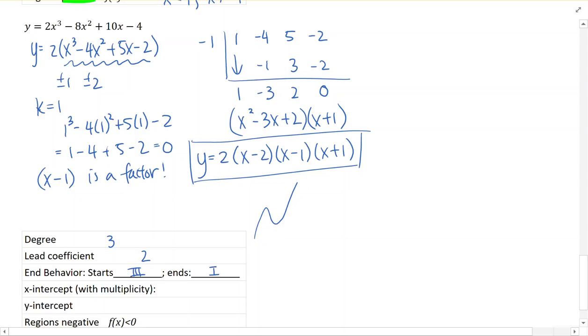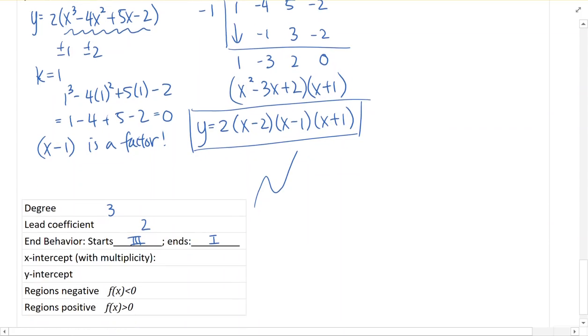For the x-intercepts, looking at those zeros, we have x equals 2, which has a multiplicity of 1. We also have x equals 1, which is also a multiplicity of 1.